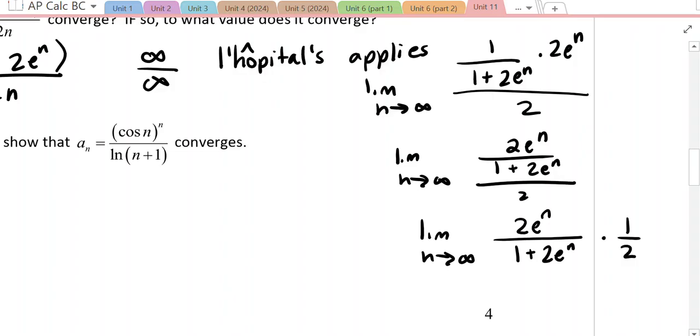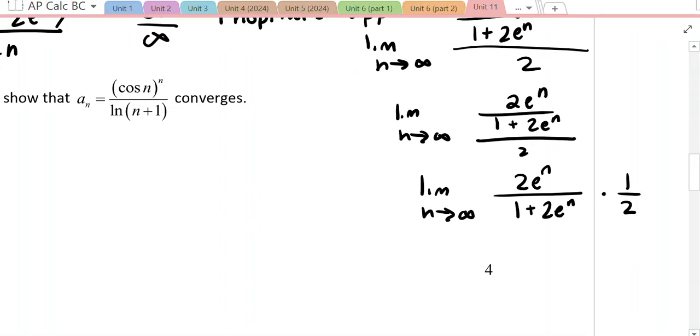Now, what I would do is probably multiply top and bottom by 1 over e to the n.